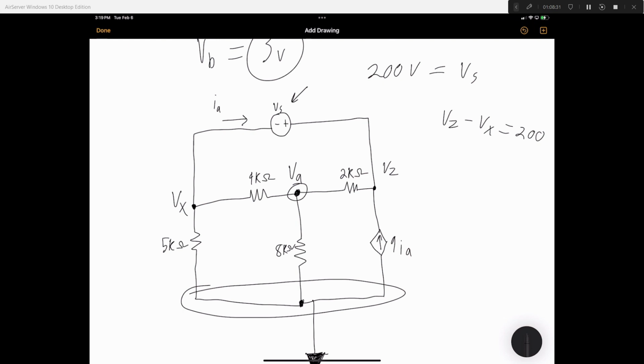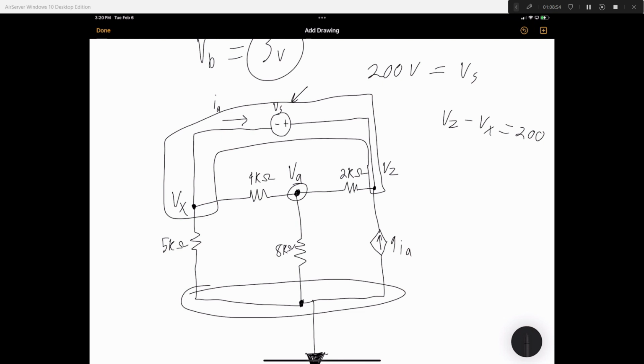Now, in this case, you can create a supernode, which basically, since from positive to negative, this whole thing is basically a 200 volt power source. And that makes it a supernode.